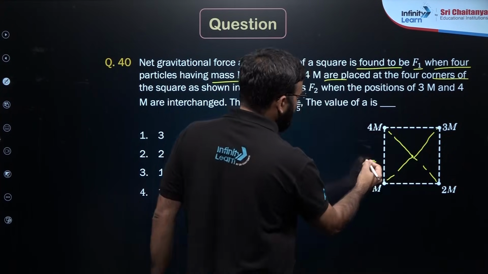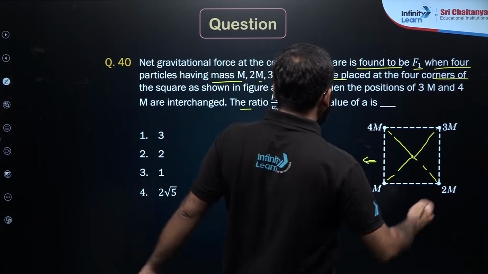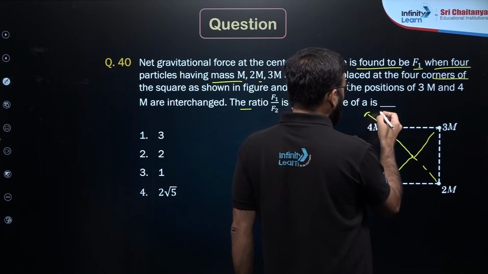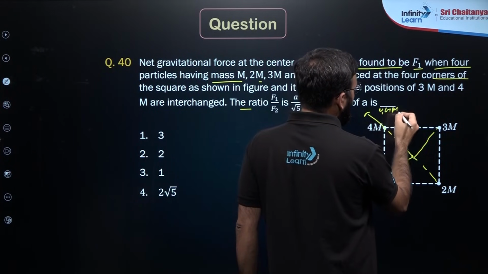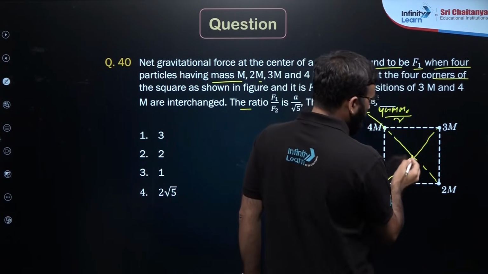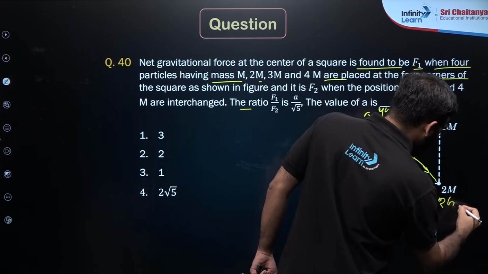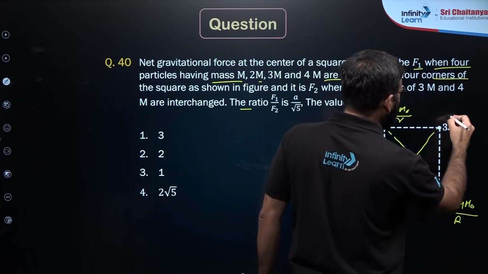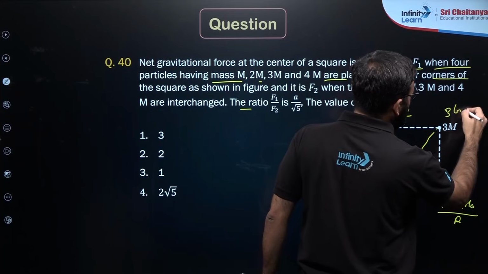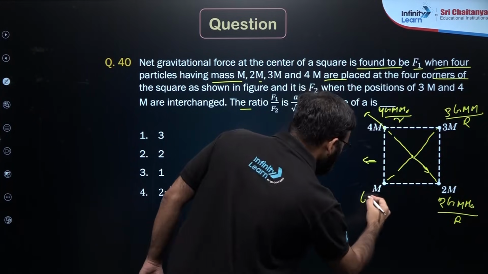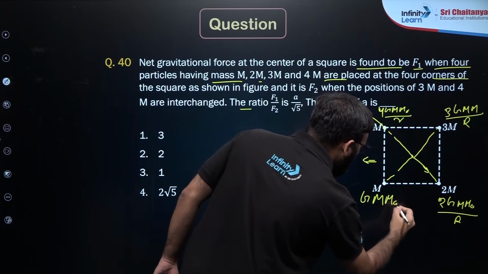First I will write this one. What is the gravitational force? Due to this one in this direction, it is 4GMm0 upon r square, the distance is r everywhere, this will be fixed. Due to this one 2GMm0 upon r square, due to this one 3GMm0 upon r square, and this one GMm0 upon r square.